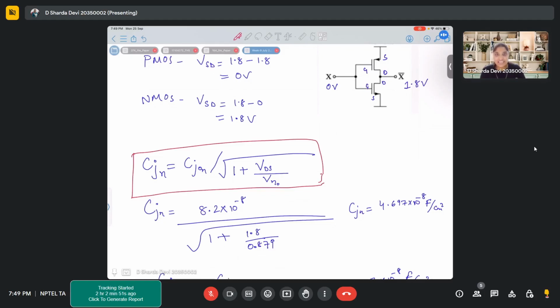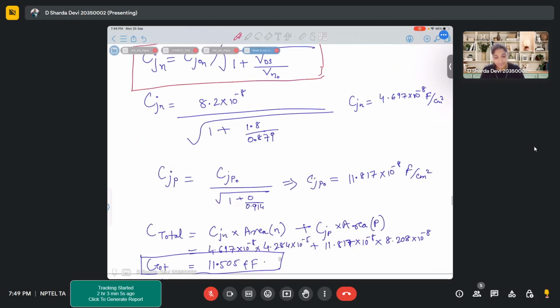But if you have a certain applied voltage, VDS or VSD, your junction capacitance will change accordingly. That's what we have done here. Clear? Any other doubts?